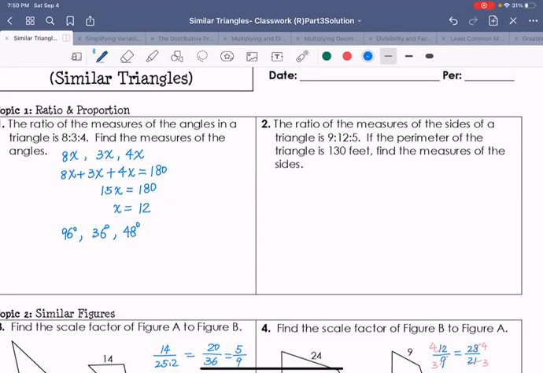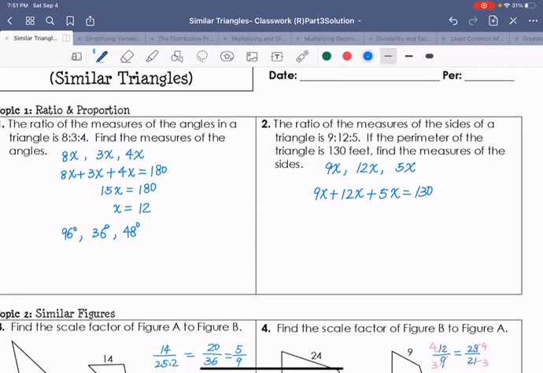Let's go ahead. You don't know the set length, so you can call 9x plus 12x and 5x. Okay, go ahead. 9x plus 12x plus 5x equals 130.